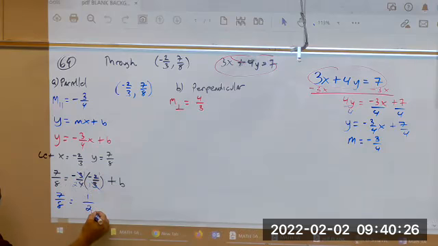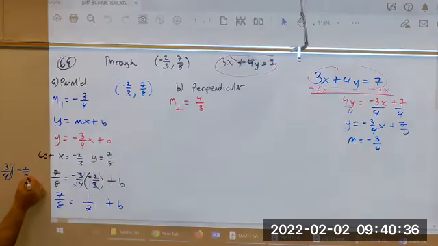We have 1/2 plus b. Now, if you just went ahead and multiplied negative 3 over 4 times negative 2 over 3, you would get a positive, negative times negative is positive. In the numerator, 3 times 2, that's a 6. 4 times 3 is a 12. 6 over 12, 1/2. Simplify. Now, you can work with fractions, but I choose not to.